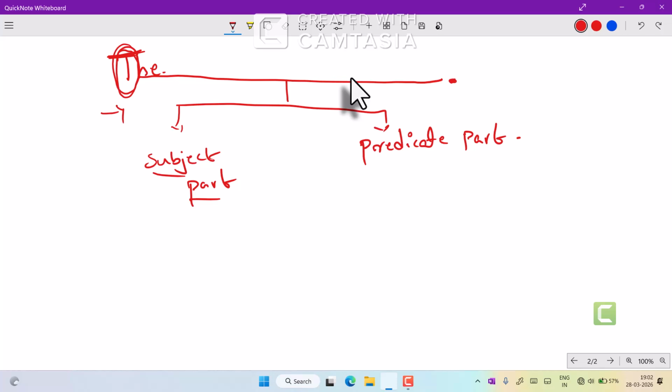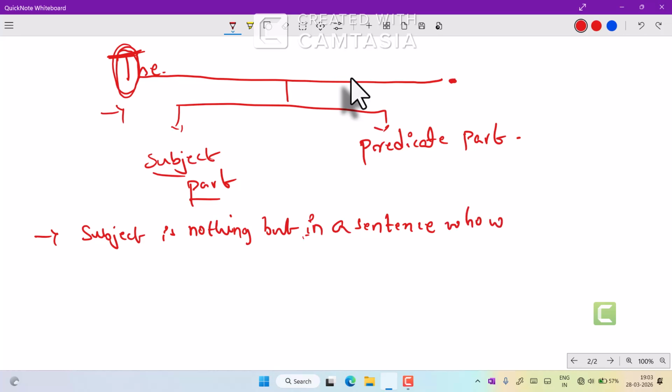Now, subject is nothing but, in a sentence, who will do the work is the subject.